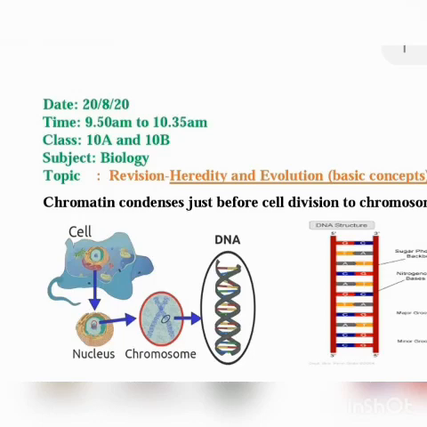For example, you can see here in the picture, two chromosomes are shown, one is paternal and another one is maternal. Maternal and paternal chromosomes each have two chromatids which are exactly similar. In the paternal chromosome it is written eye color locus, and in the maternal chromosome also it is written eye color locus.